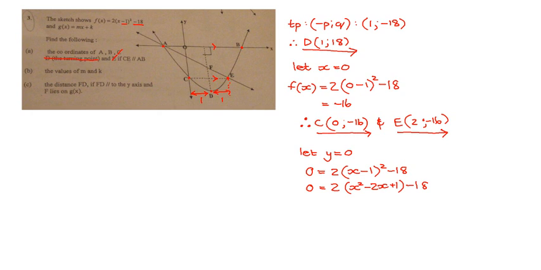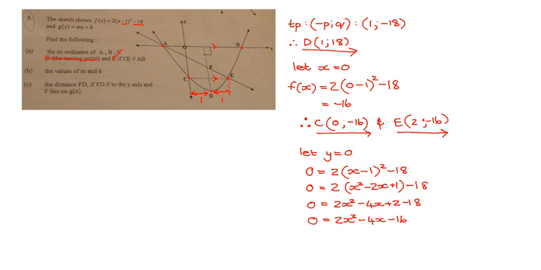Let's go ahead and clean up all those brackets and multiply the 2 out. So we got 2x² - 4x + 2 and then minus 18. Now we can do one last cleanup, which leaves us with 2x² - 4x - 16.